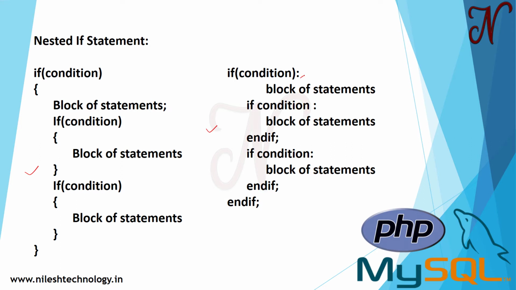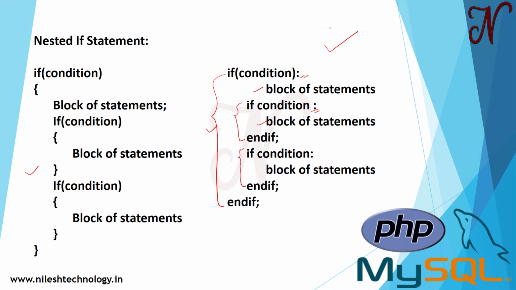If condition colon, then the statement, then one more if condition, then a colon, then the block of statements. Here we close this if with endif, here we close this if with endif, and this if is closed here with endif. Both syntaxes are the same, but if you compare the number of lines in the code, this syntax is very helpful.